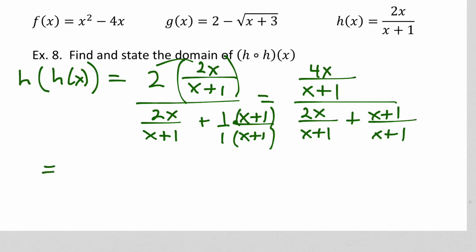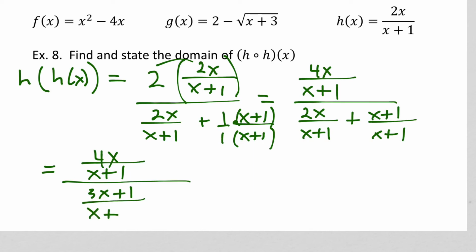All right, so let's see. This is 4x on the top over x plus 1. And then we've got 2x plus x plus 1, which is 3x plus 1, divided by x plus 1.